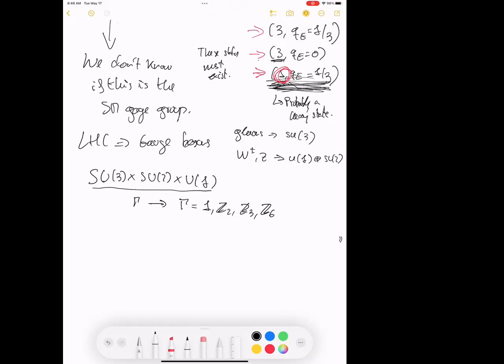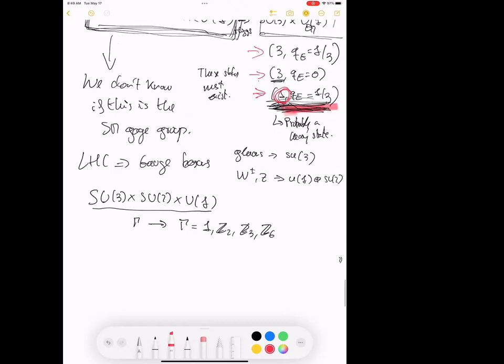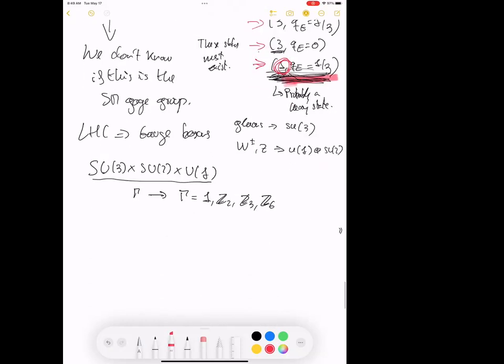And the analysis I was presenting here before, saying that there's a particle of charge 1/3 and so on and so forth, is valid for the product form of the gauge group when you take gamma to be 1. I think it's also valid when you take Z2.